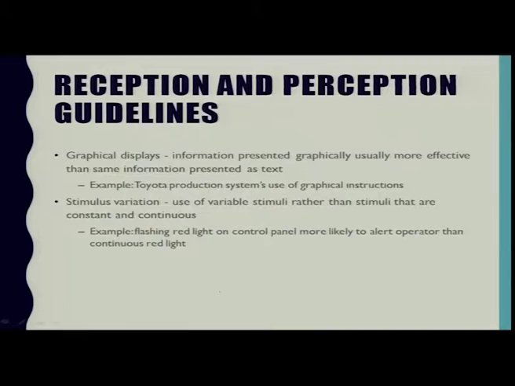Another case is graphical displays. In graphical displays, information presented graphically is usually more effective than the same information presented as text. Graphically, it may be any photograph, bar or pie chart.